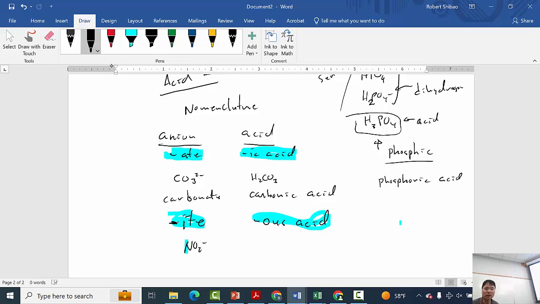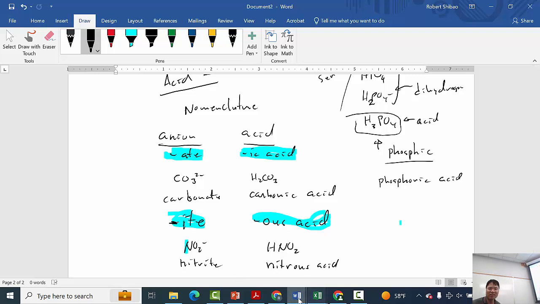So if we look at nitrite, NO2 minus, then the acid would be adding enough H pluses to neutralize the charge. So we only need one H plus to form HNO2. So nitrite will form what acid? Nitrous acid. So that's the other pattern.